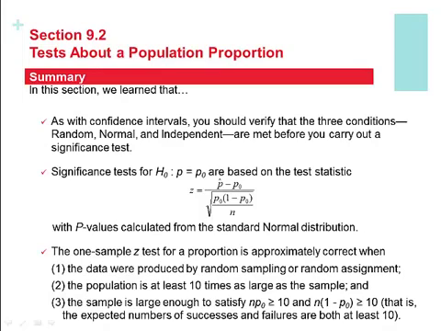The one sample z-test for proportions is approximately correct when, one, the data are produced by random sampling, two, the population is at least 10 times as large as the sample, and three, n times p0 and n times 1 minus p0 are both greater than or equal to 10.